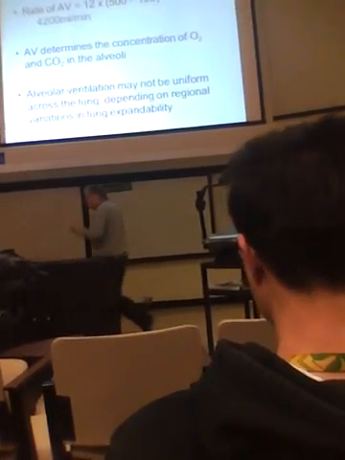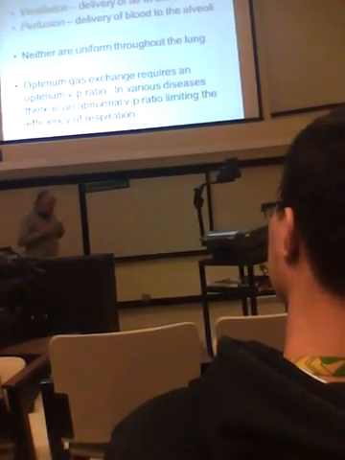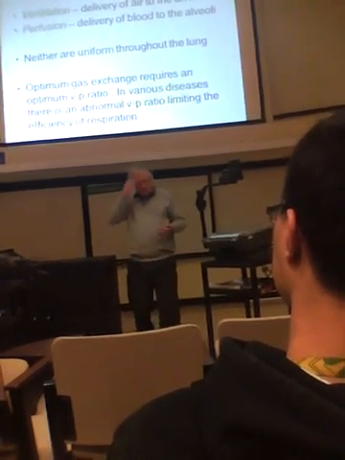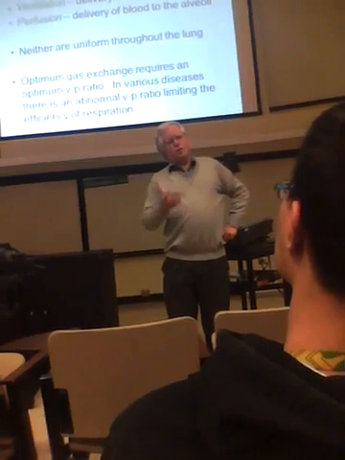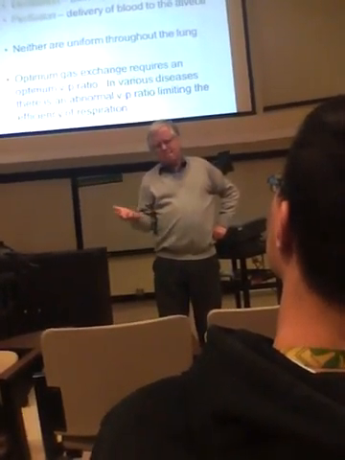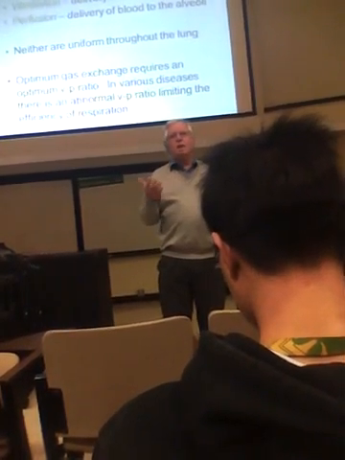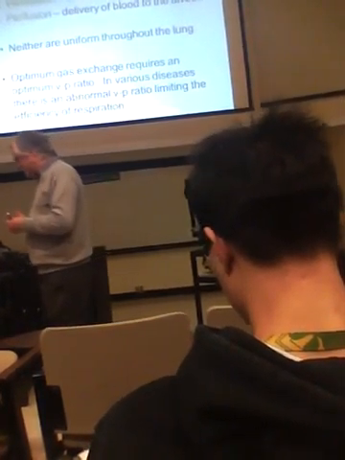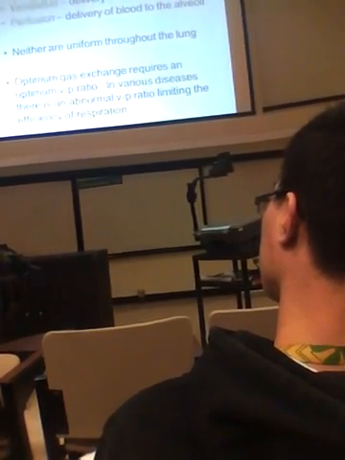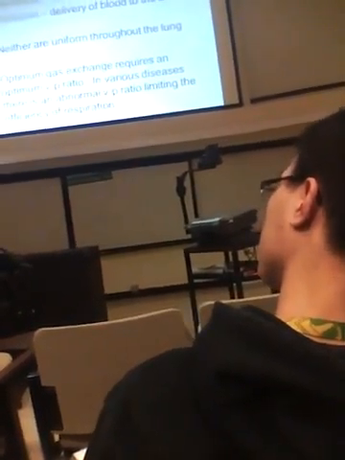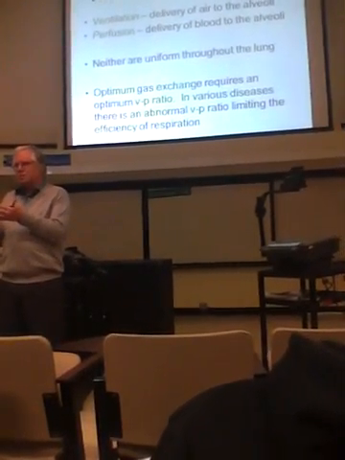There are variations in lung efficiency across the lung, and it has to do with the ventilation-perfusion ratio. The pulmonary people love this, and I can understand why, because it really gets down to the efficiency of gas exchange, which is what respiration is all about.